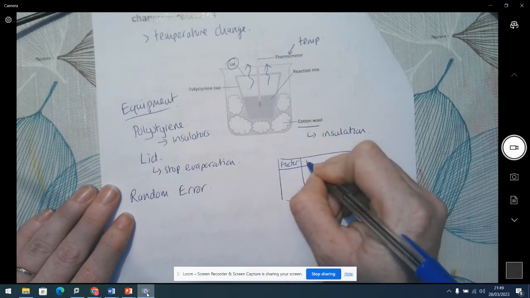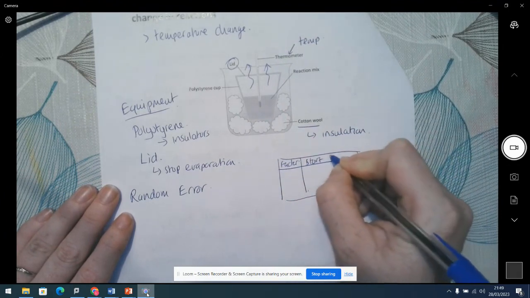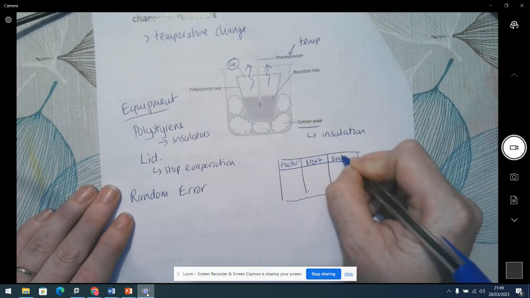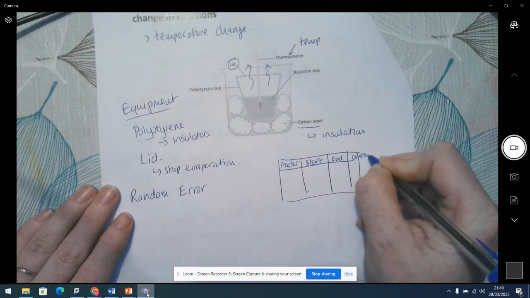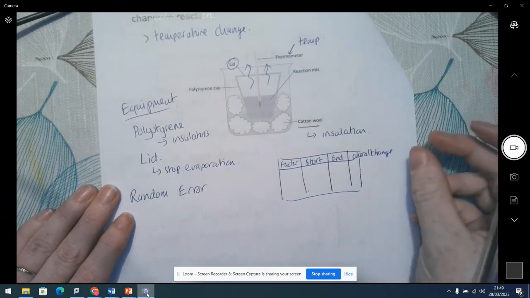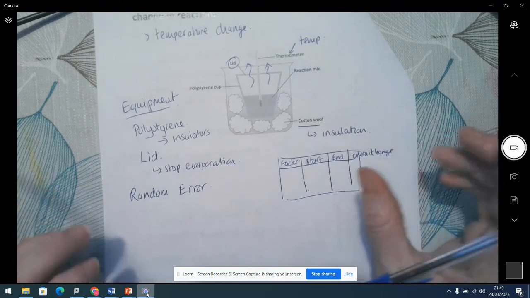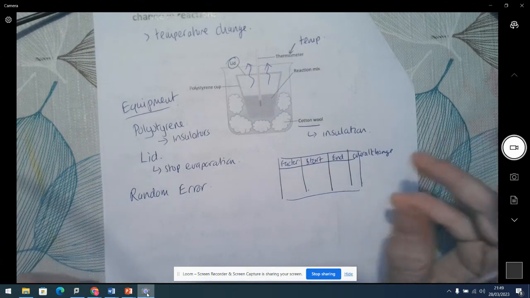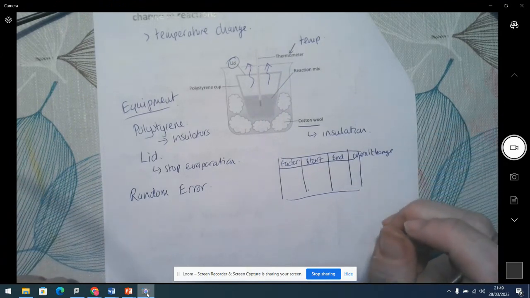And then I'd have my temperature at the start, temperature at the end, and then the overall change. And then the greater the change, the greater the amount of energy being lost to the surroundings, for example.